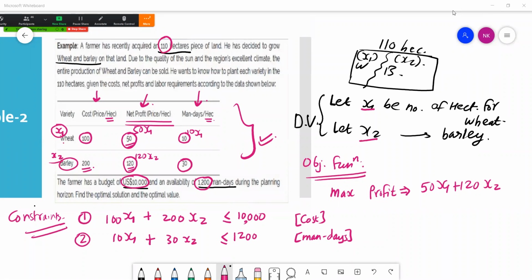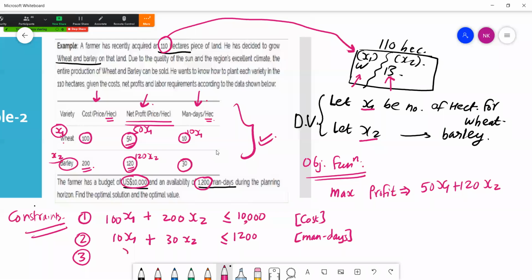So what we need to consider over here is the third constraint. This is the entire land that the farmer is having. The farmer is having 110 hectares. He is producing x1 hectares of wheat and x2 hectares of barley.